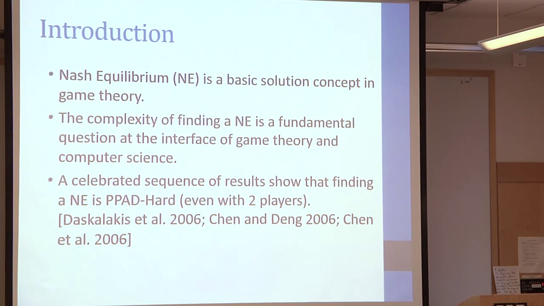And there's a celebrated sequence of results showing that this problem is computationally hard, or more precisely PPAD-hard, which is a complexity class considered intractable. This is even if you have only 2 players, and even if you're allowing approximation, so epsilon-Nash equilibrium, it doesn't matter. It's still a very hard computational problem.